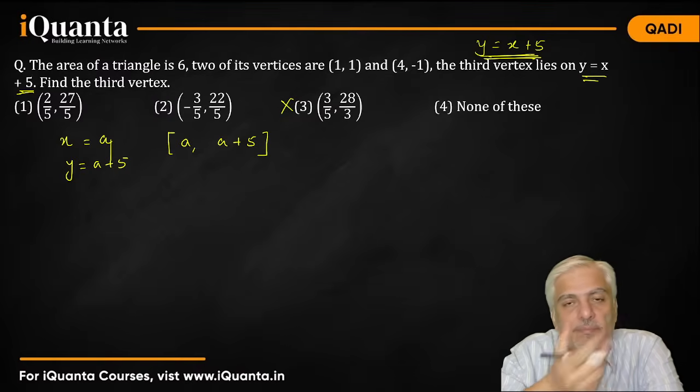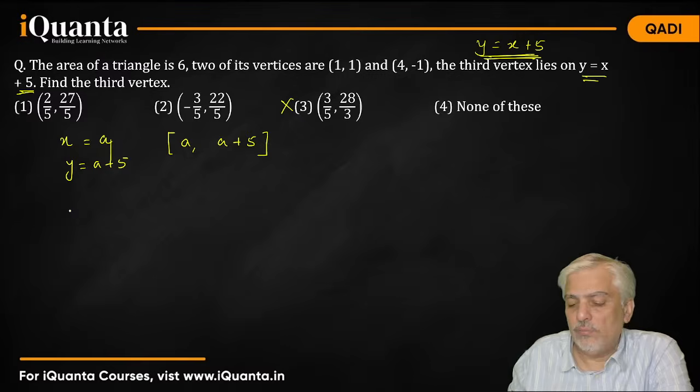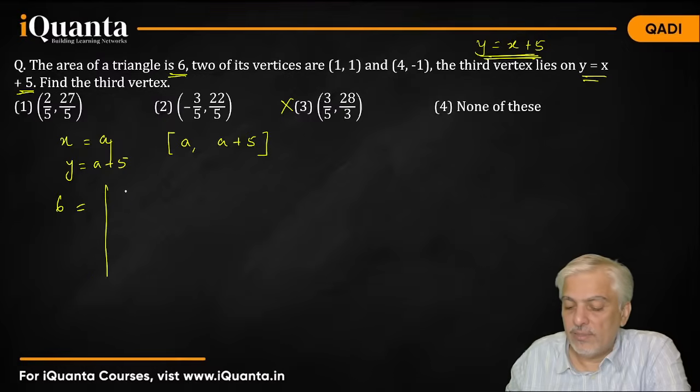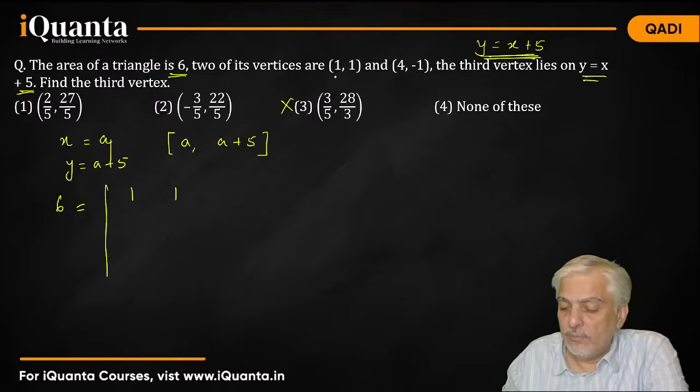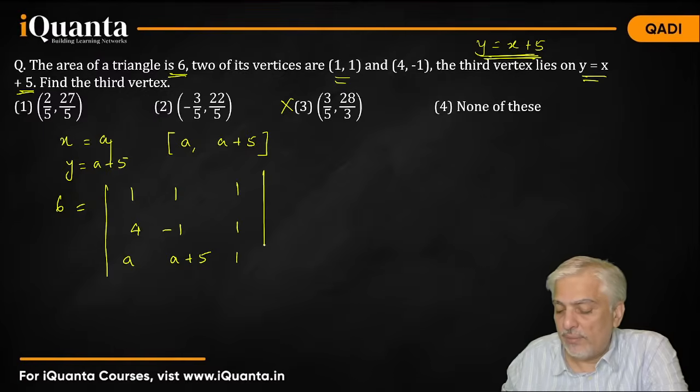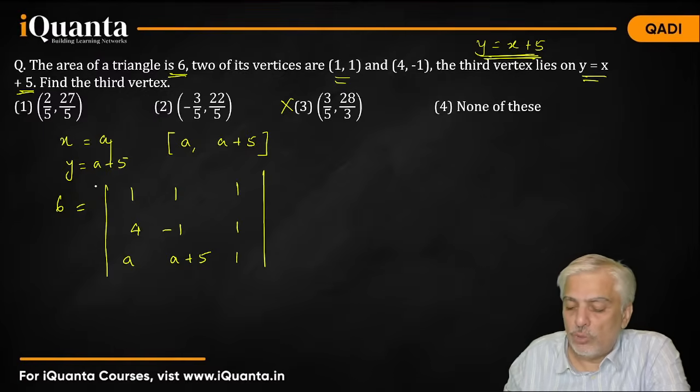And then I would get what? Area is given as 6. I can use determinants: 1 comma 1, 4 comma minus 1, a comma a plus 5, and then the last column is 1 1 1. And there is a mod to this.